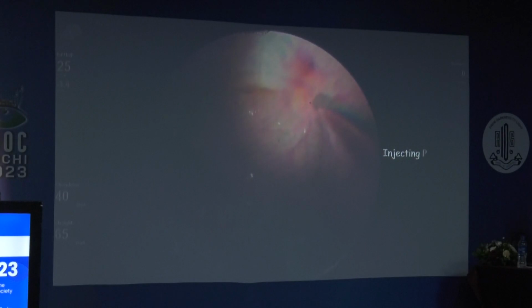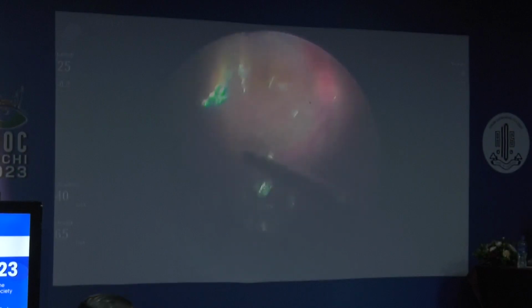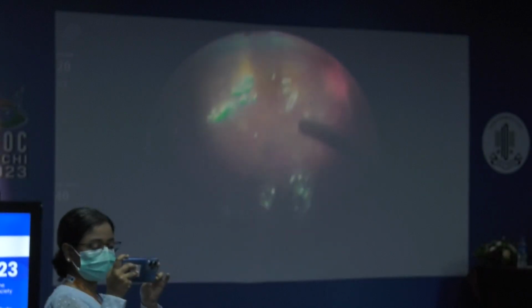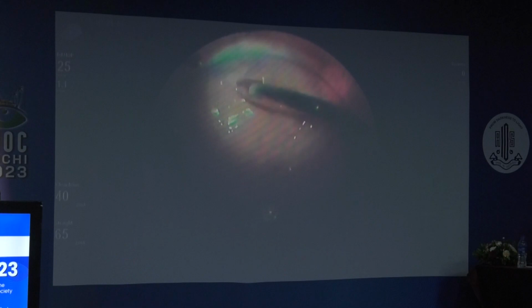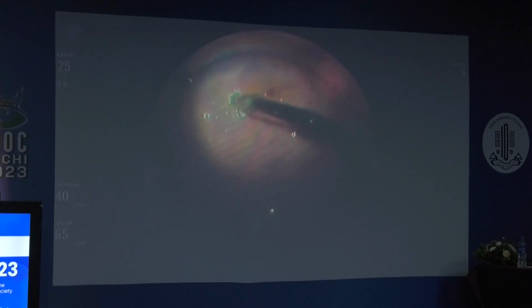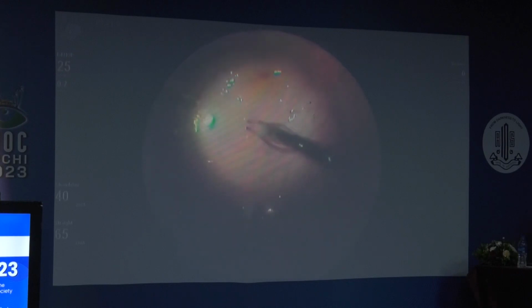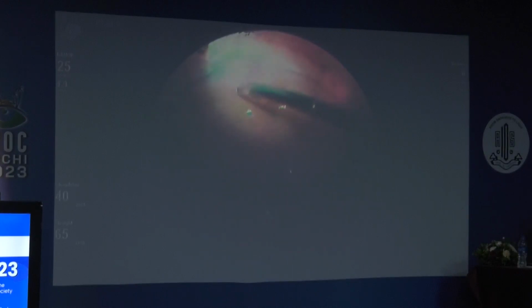So the PFCL bubble was injected, and now with a more stable macula, I could go in for a pinch and peel technique. Did manage to get a small peel, but was unable to continue peeling. So tried other sites to get a flap, but failed due to the poor staining of the ILM.